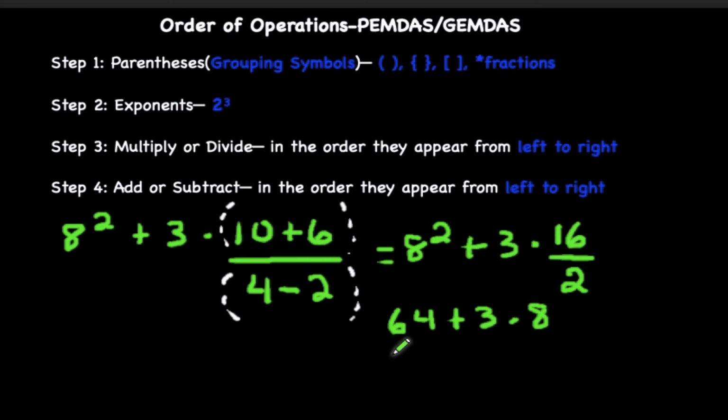Then we have 64 plus 3 times 8, which is 24. Notice I did not say 64 plus 3 and then multiply that answer by 8. That would be completely wrong. That's why it's very important that you follow these operations. Our answer here is 64 plus 24, which is 88.